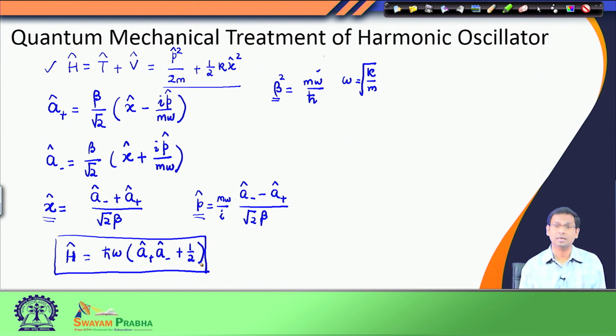This is a very easy exercise to show, and we will discuss in the next class how we can solve this Hamiltonian. So, one thing that we did is that we started by expressing our Hamiltonian in terms of the position and momentum operator, but we converted these in terms of two new operators, A plus and A minus.